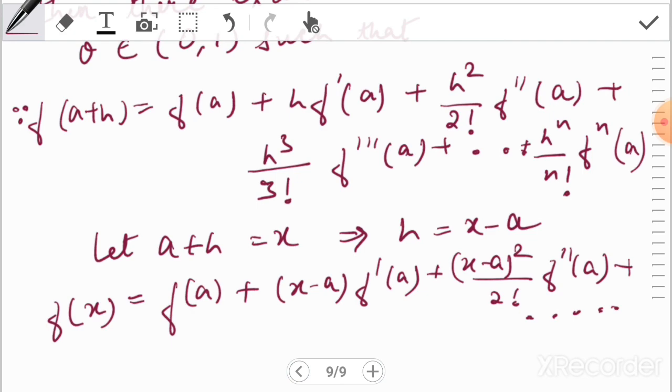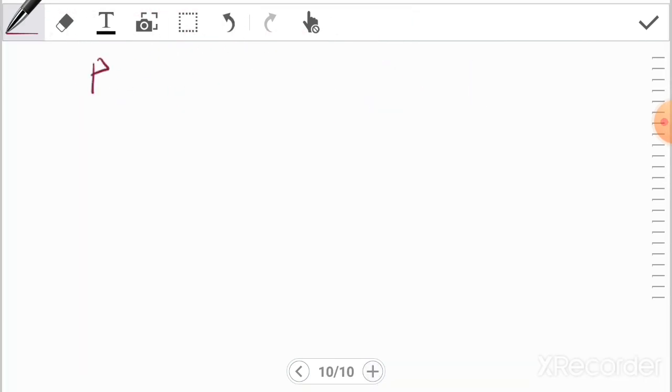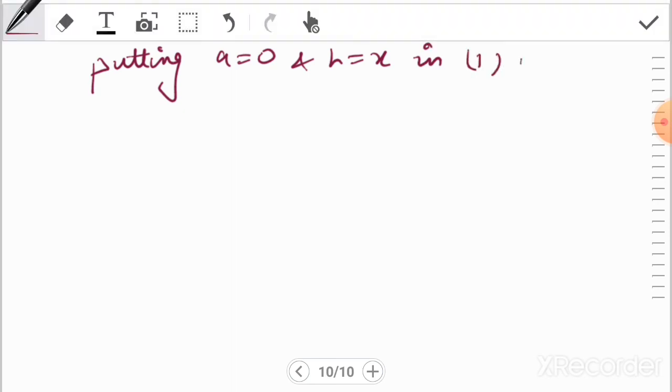Right? And Maclaurin series. So putting a is equal to 0 and h is equal to x in the above, we get the Maclaurin series.